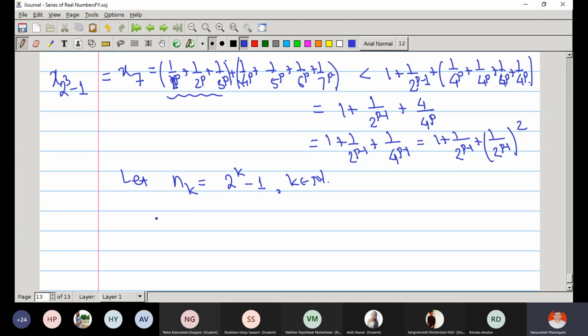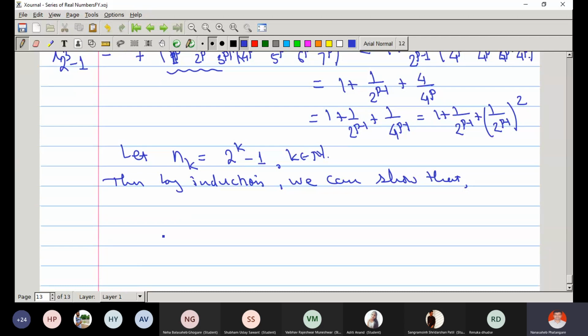Let nk be equal to 2 to the power k minus 1. Then by induction we can show that x_nk, that is x_(2^k − 1), is less than or equal to what?